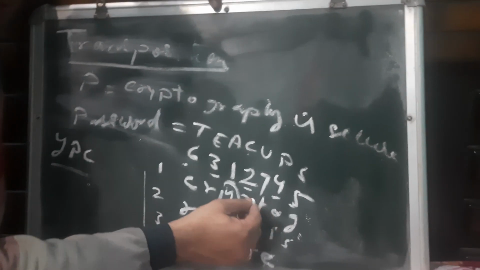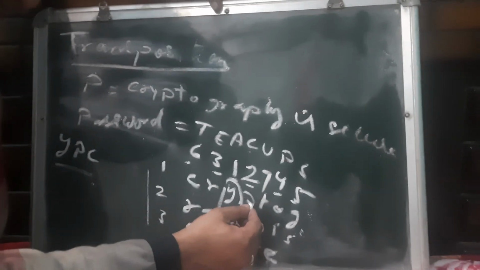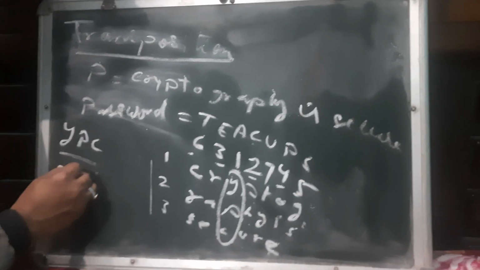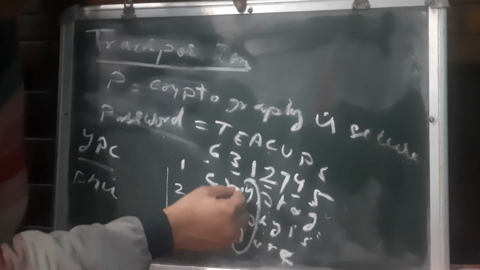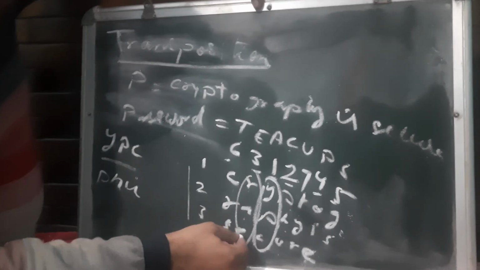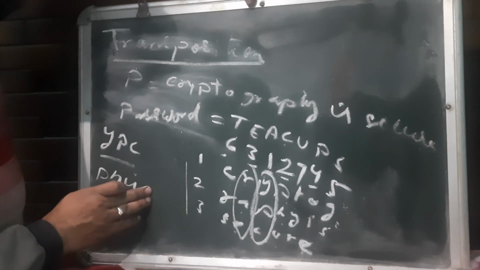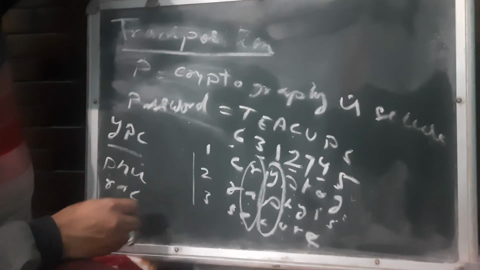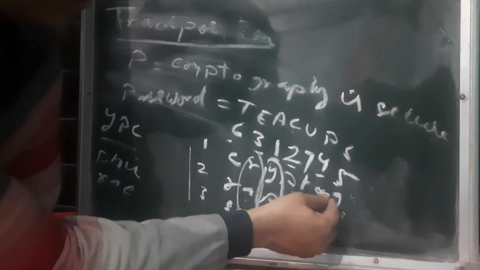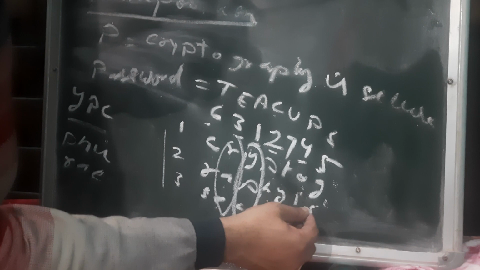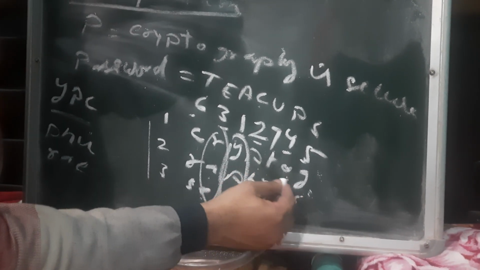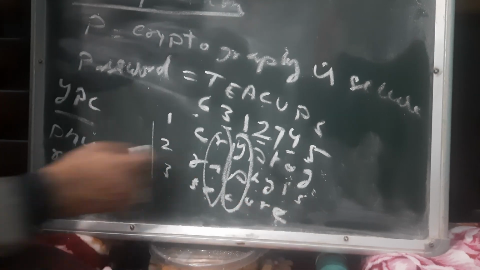Now the second column is this, so we extract again. The letters will be PHU. Next, the third column will be RAE. Next, the fourth column is OIE.